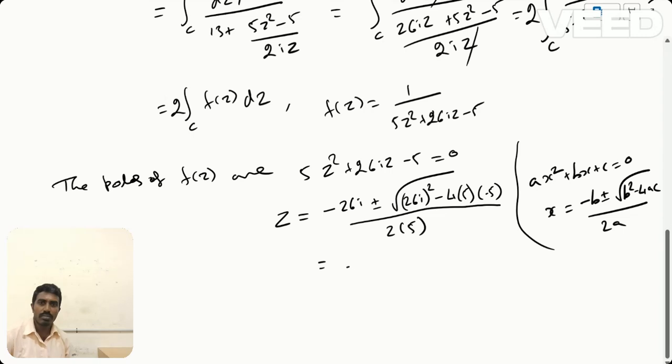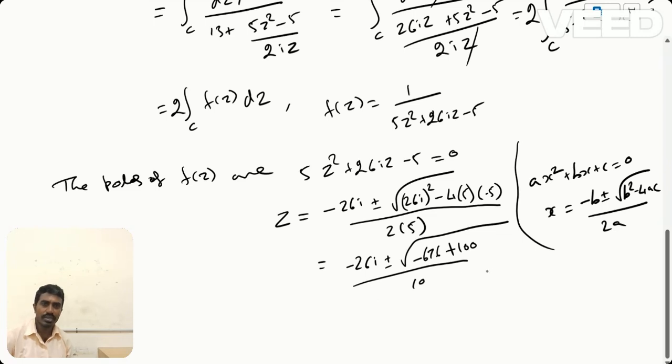So minus 26i plus or minus square root of 26 square is 676 and i square is minus 1. So minus 676, minus of minus plus, and 4 5s are 20, 5s are 100, by 10.